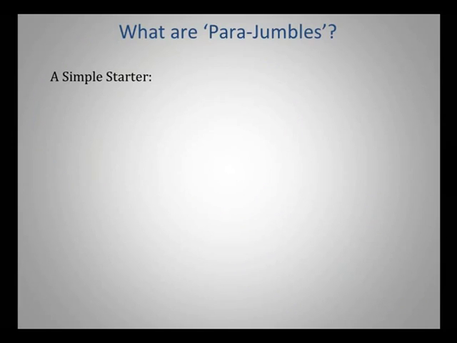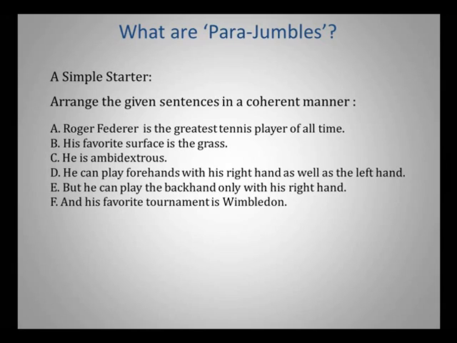So what are parajumbles? Before we actually start discussing what type of questions these are, here we have a very simple starter for you. These are 6 sentences in front of you which we want you to arrange in a coherent manner. So let's read them out, starting with sentence A. Roger Federer is the greatest tennis player of all time.